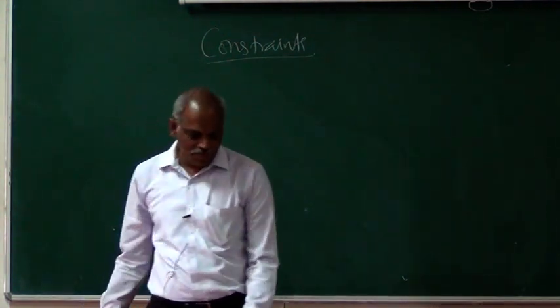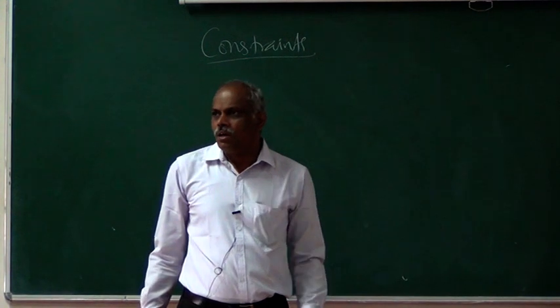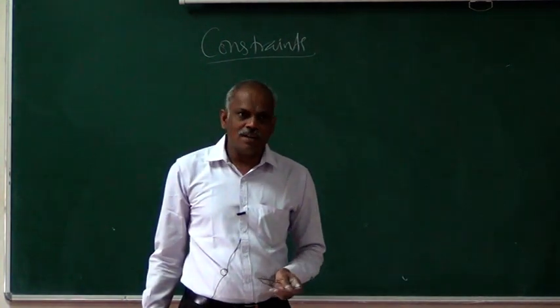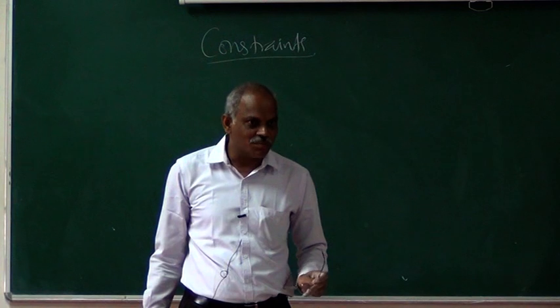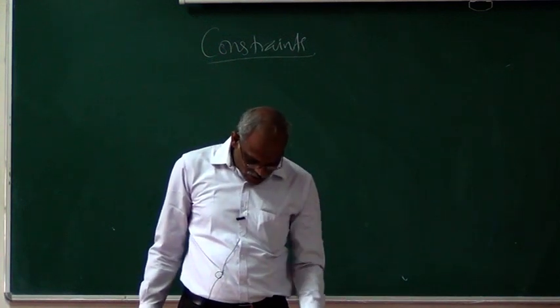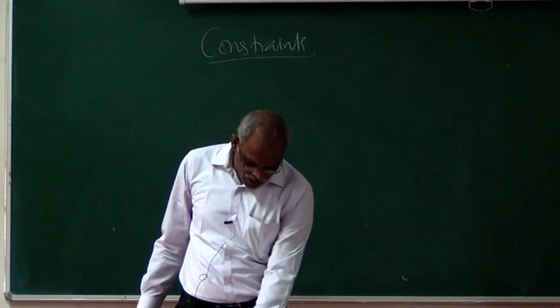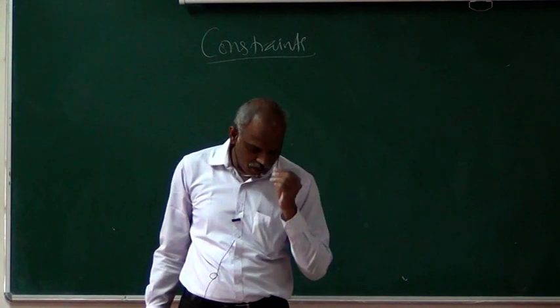What is a constraint? You know the literal meaning of constraint. That is a restriction. So restrictions to the free motion of a body in any direction is called constraint.